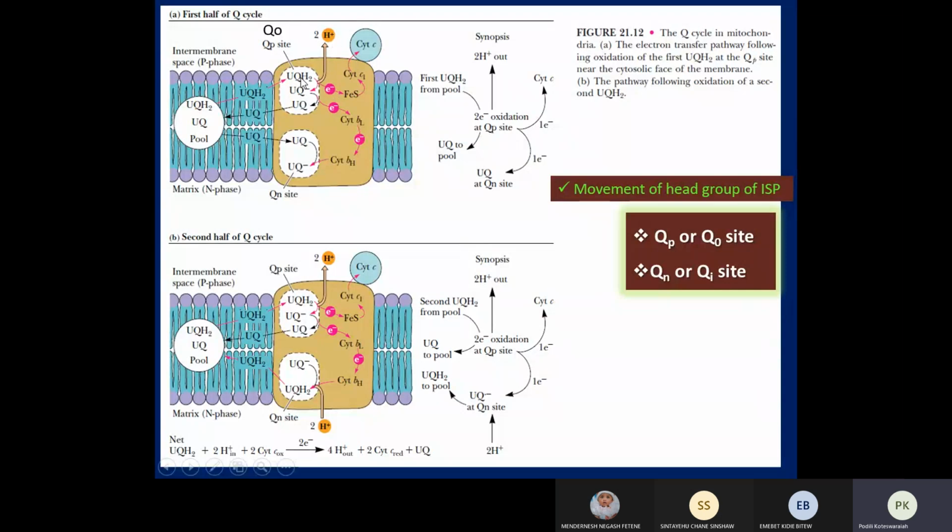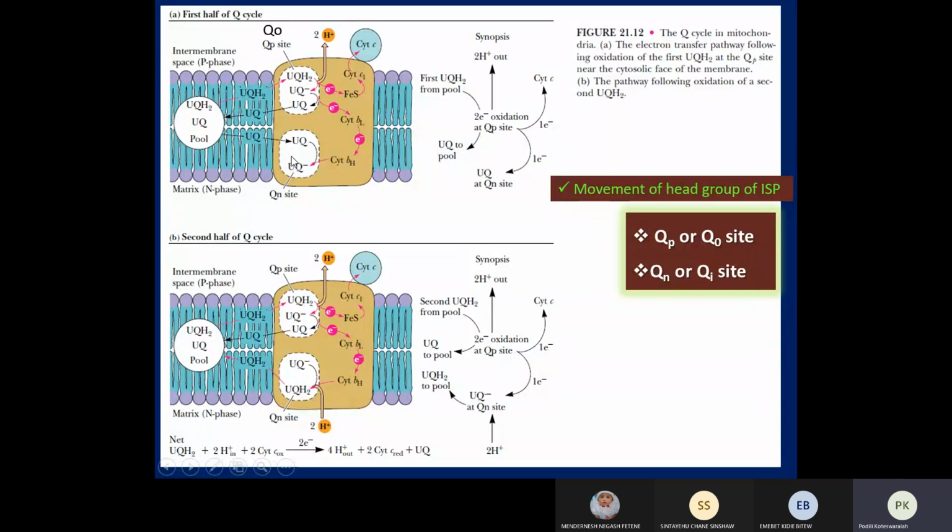As a result, this ubiquinol becomes the semiquinone, and the semiquinone again transfers another electron to the cytochrome bL. As a result, it becomes again ubiquinone. So that means ubiquinol after one electron becomes a semiquinone. After a second electron release, it becomes again ubiquinone.